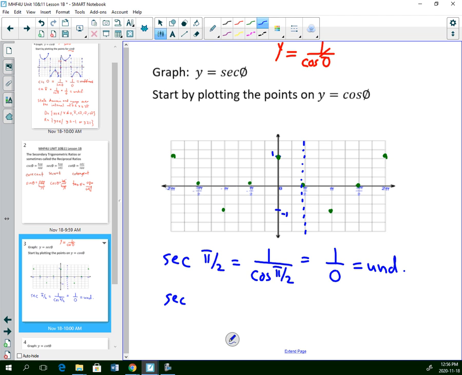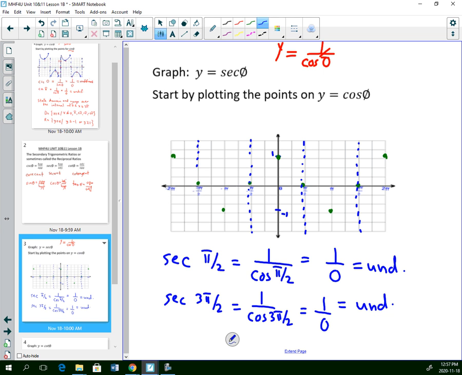Likewise at 3 pi over 2, which would be 1 divided by cosine of 3 pi over 2. And I can see from my graph that cosine of 3 pi over 2 is 0. That would also give me an undefined there. So anywhere there's a 0, again at negative pi over 2, and again at negative 3 pi over 2, wherever there's a 0, that's going to create a vertical asymptote.